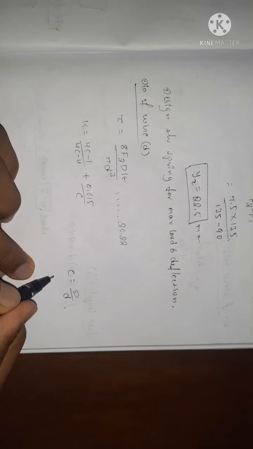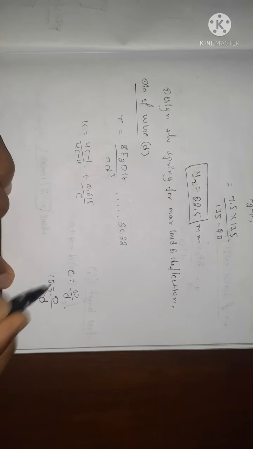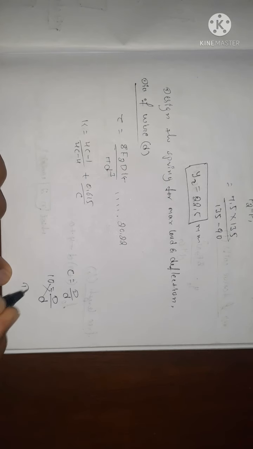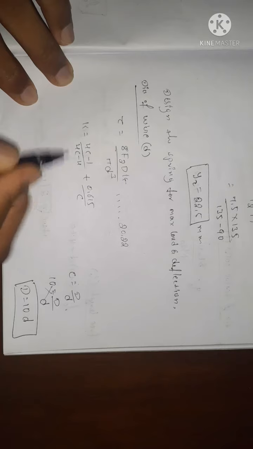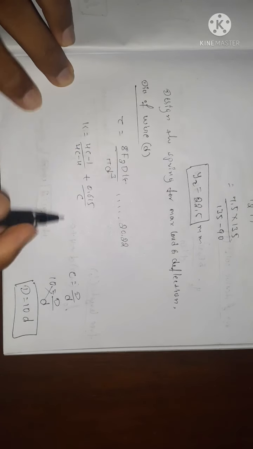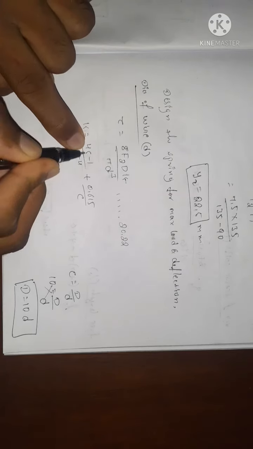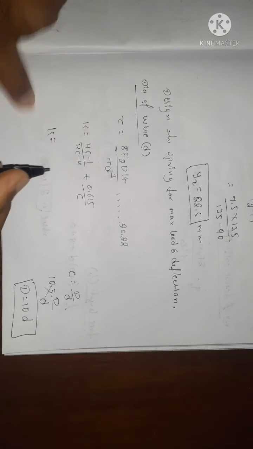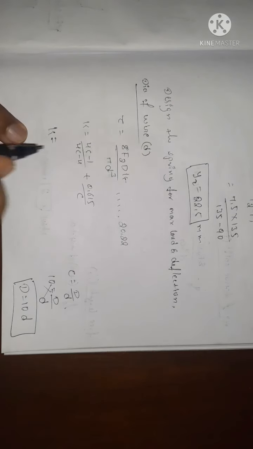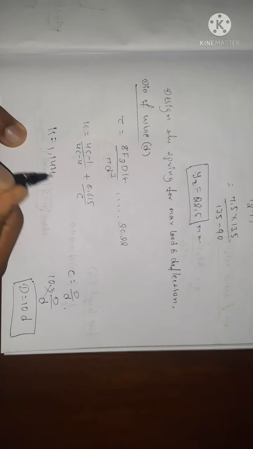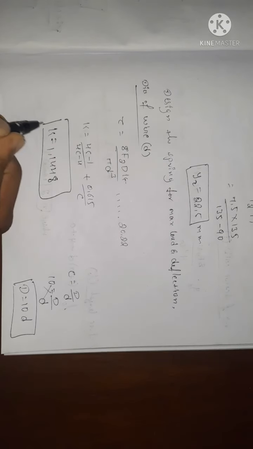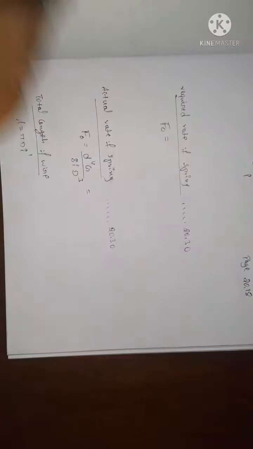C is given as 10, D by d, so D is equal to 10 into d, and K is equal to, C is given in the problem, 10. C is equal to 10. Substitute, and the answer is K equal to 1.1448.